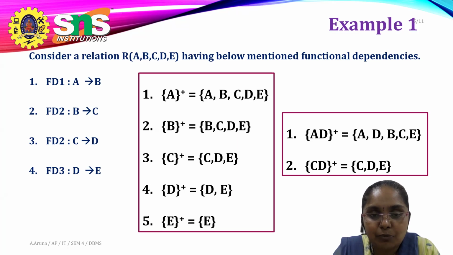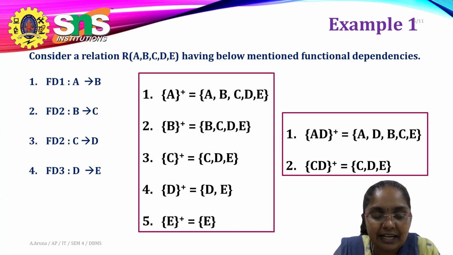My first step is to take the components present in the left-hand part and put them on the right-hand side. Here it is A, so I put A over here. Then, by using A, I check whether I can identify any other attributes along with these functional dependencies. By using A, I can identify B, so I can add B.